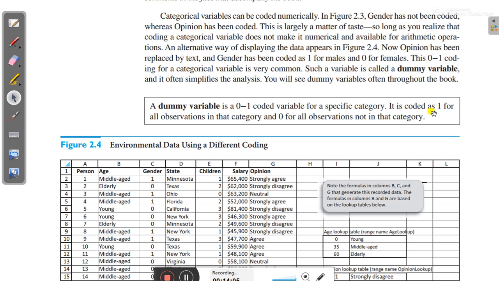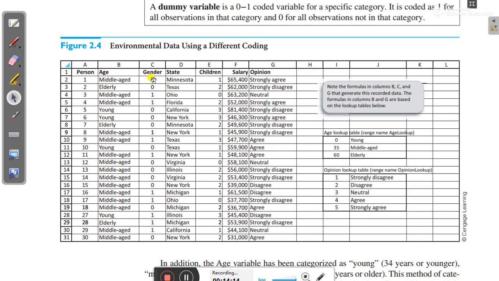Again, one term you can see here, dummy variable. Now what is dummy variable? Here in this chart you can see for gender we are keeping 1 and 0. Here for children we are keeping the values, but for gender we can also keep it as male and female, but we are keeping it as 1 or 0. So that 1 or 0 coded variable is a specific category, making it a dummy variable.